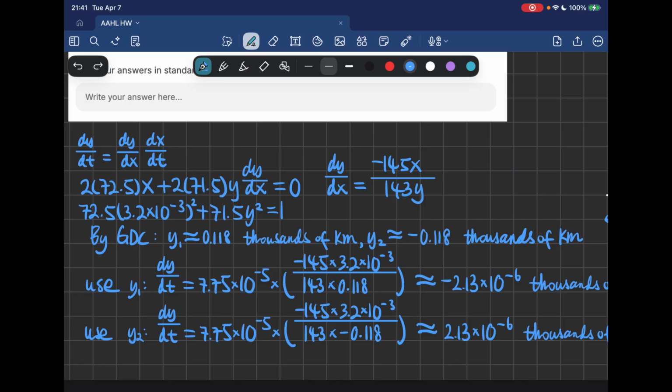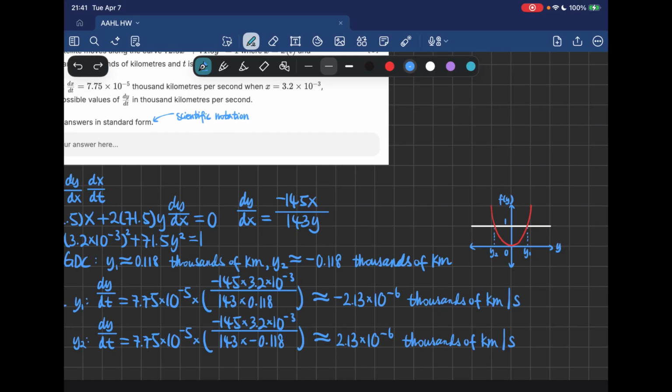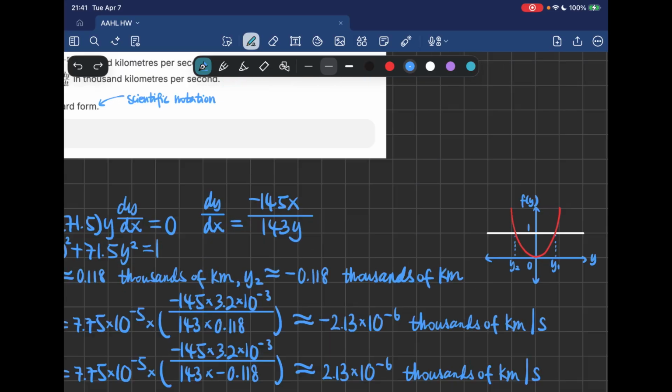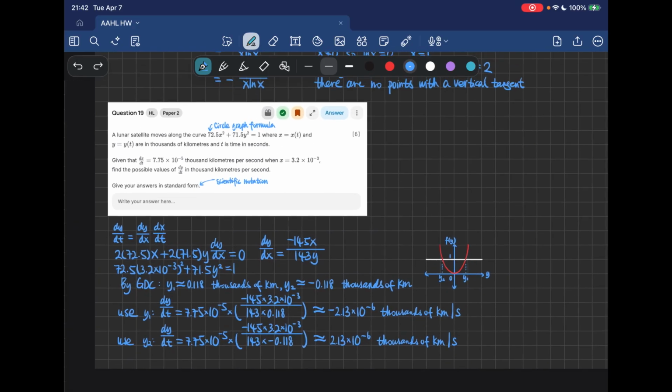And for y2, it's the same method, but we just use the other y. Then we get essentially a positive value here in the same unit. So that's how it works. And yes, this is in scientific notation. What I mean by between 1 and 9 is that this number should be between 1 and 9, or -1 and -9, and this should be an integer power of 10.